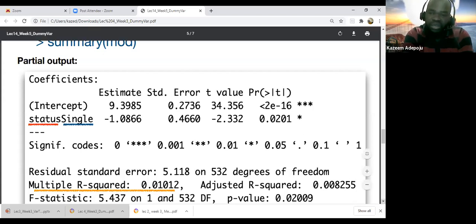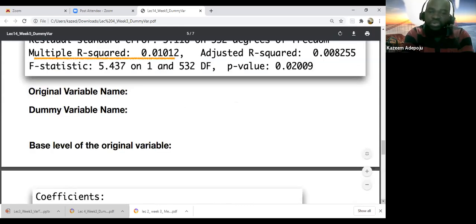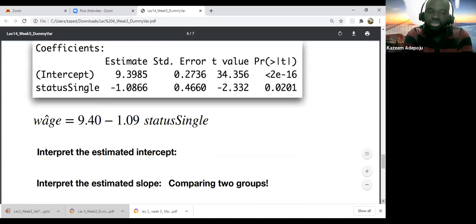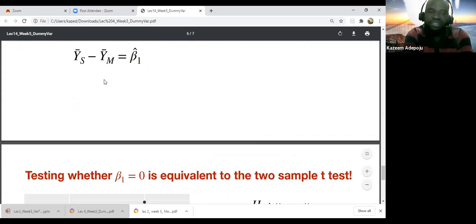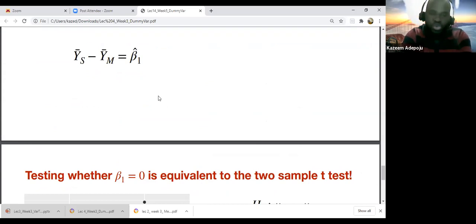But I'm trying to say there is another way to do that, because we're dealing with a dummy variable, we can do a significance test on two means. Look at that. The beta 1 that we're talking about is the difference between the mean of the first group and the second group. In a dummy regression, the predictor is partitioned into two groups.